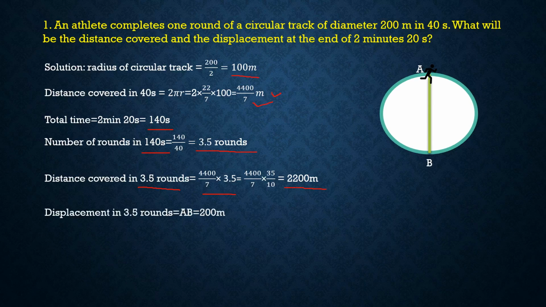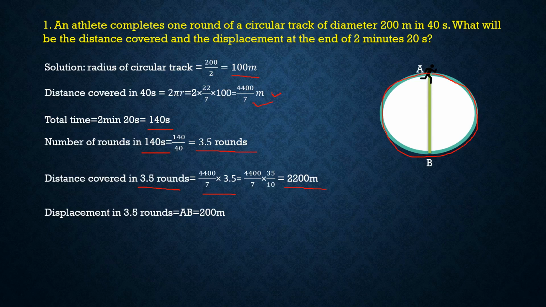Now displacement in 3.5 rounds. Now the athlete will start from point A and he will cover 3.5 rounds. The one round will be completed when the athlete comes to point A again.